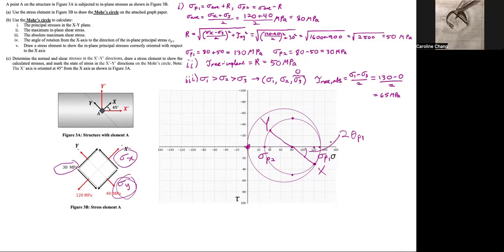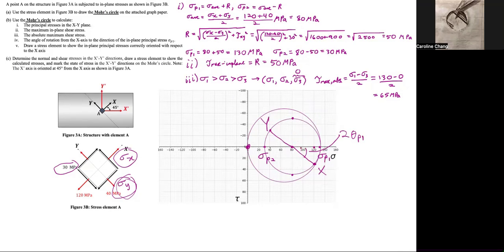And this makes sense if you think about it logically because the distance between y and x is actually 180 degrees, but on the stress element it is only 90 degrees. So we see that all the angles are multiplied by 2 in our Mohr circle relative to real life.